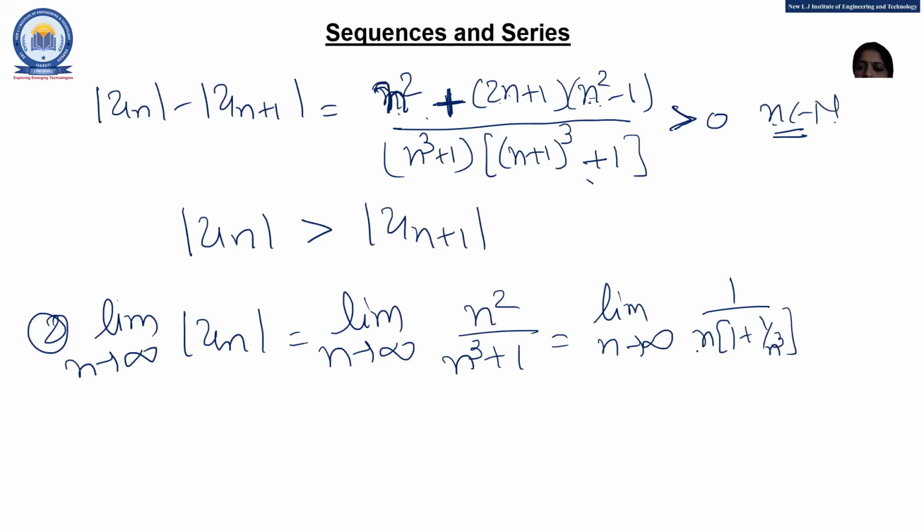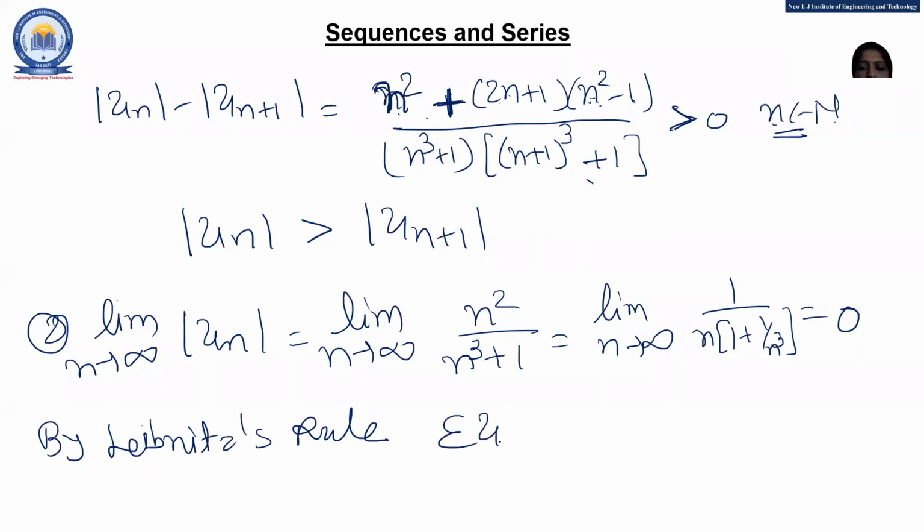After applying the limit, n tends to infinity, my answer is 0. It means my second condition is also satisfied. So by Leibniz rule, series Un is convergent, right?